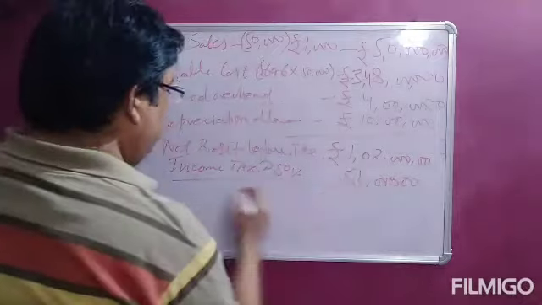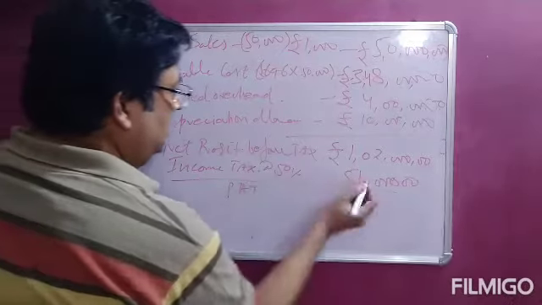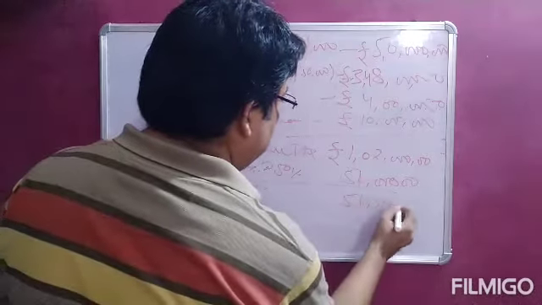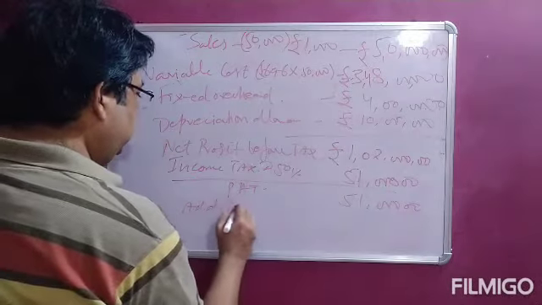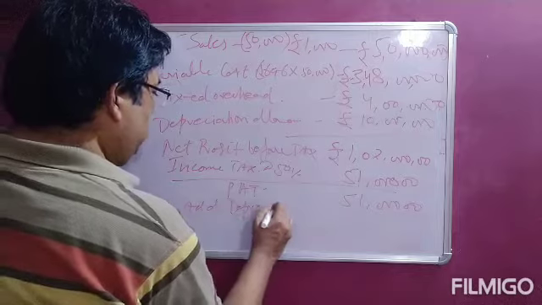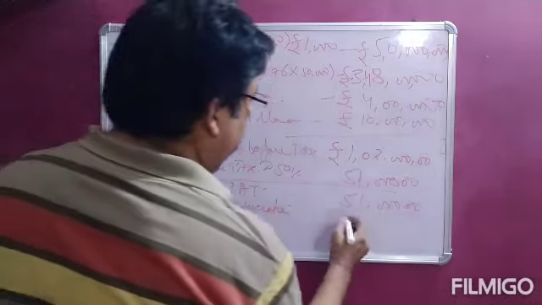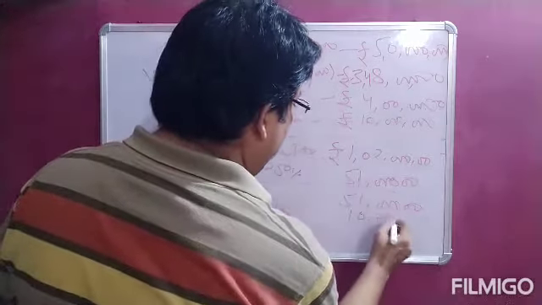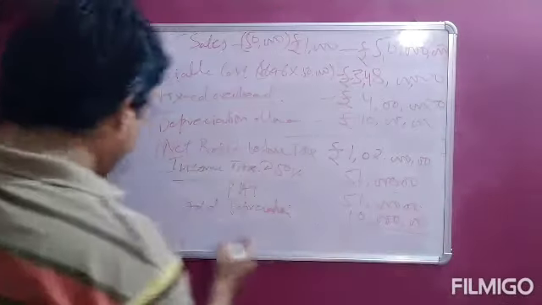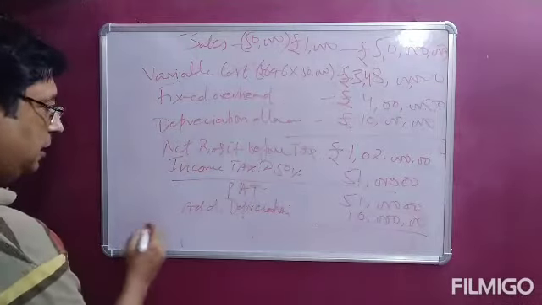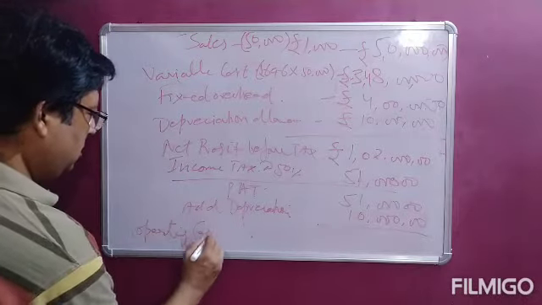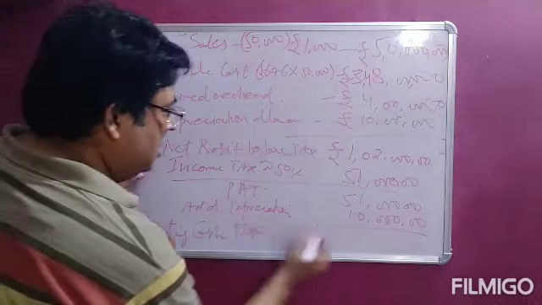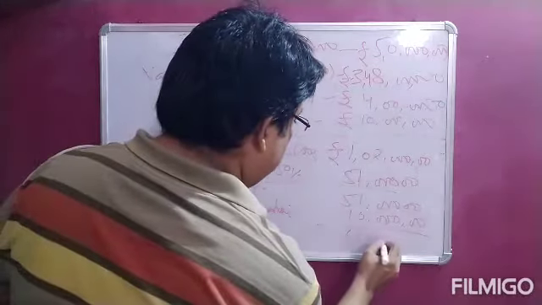Then profit after tax is 51 lakhs, and add depreciation back as we did in the earlier case, so adding 10 lakhs more. So we are getting the operating cash flow as 61 lakhs.